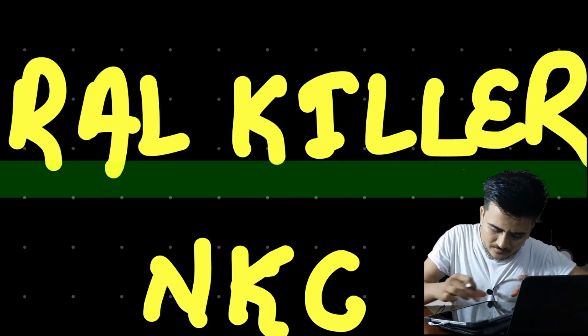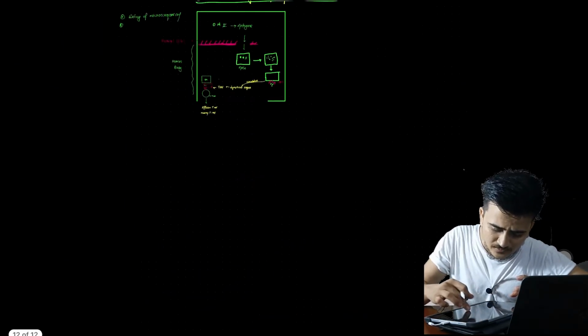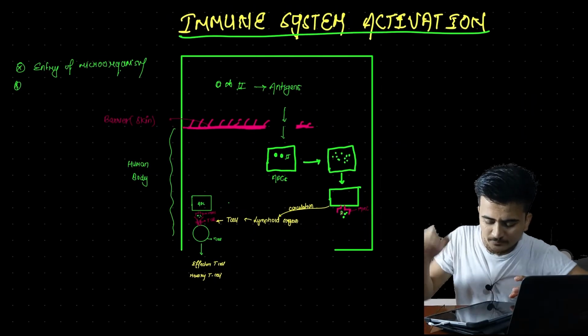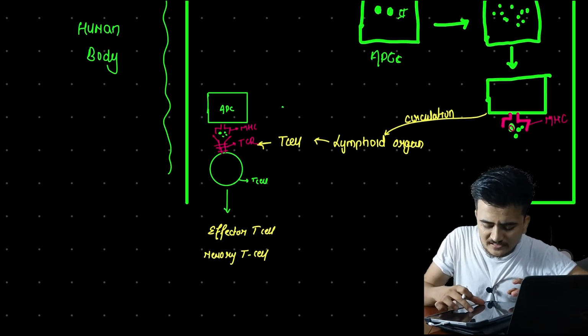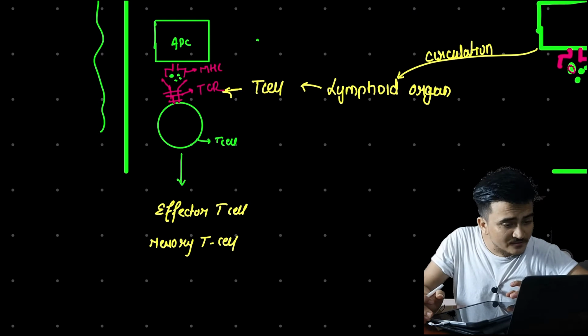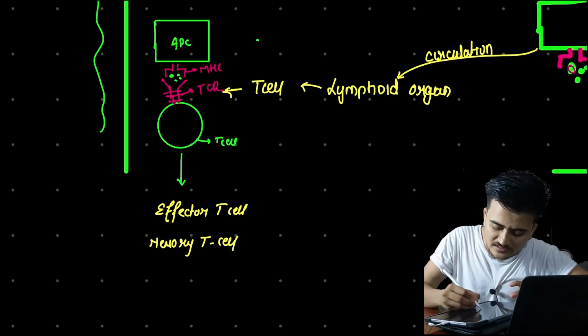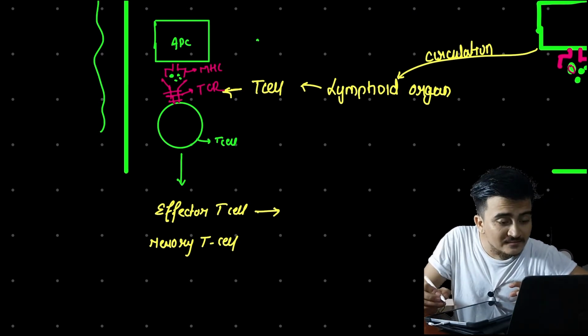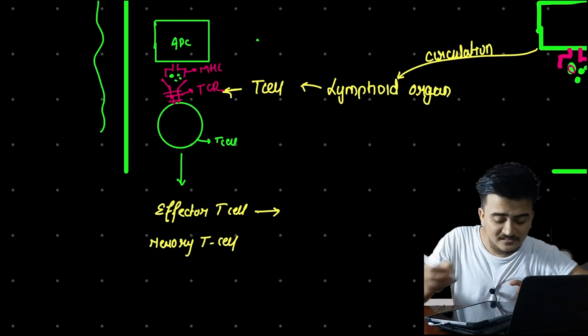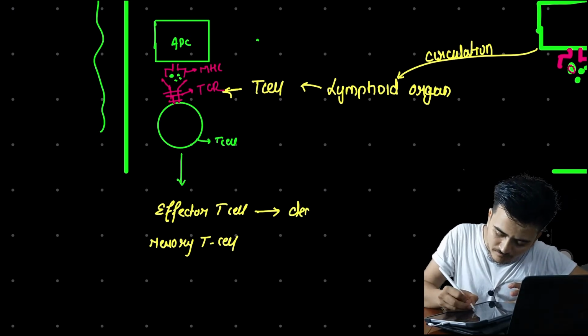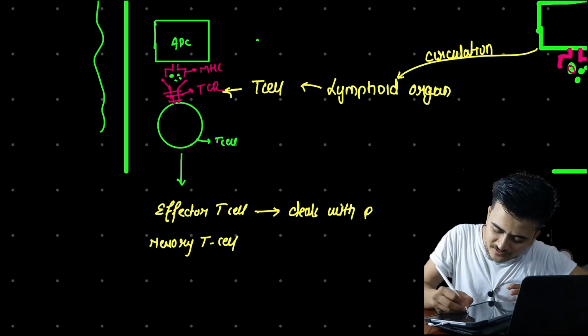Now we are into immune system activation. What are these effector T cells and memory T cells? The effector T cells are the T cells that will provide their action at the time of infection. That means they deal with the present infection.